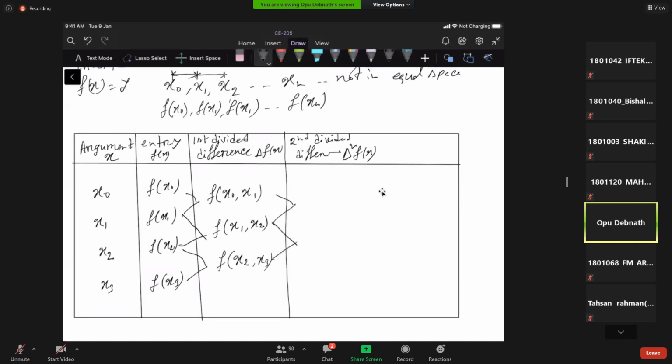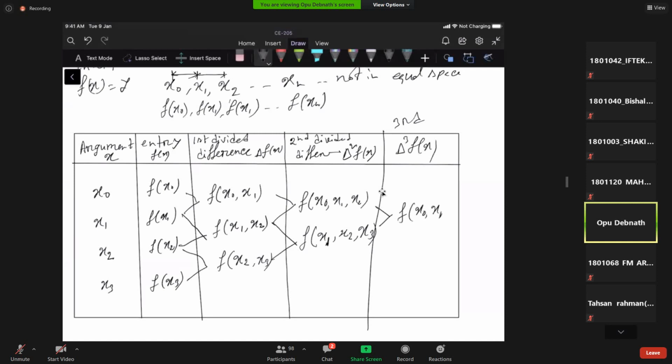You will get two second divided differences: a function of x0, x1, x2, and a function of x1, x2, x3. Finally, the third divided difference, del cube f of x, gives only one entry, a function of x0, x1, x2, x3.